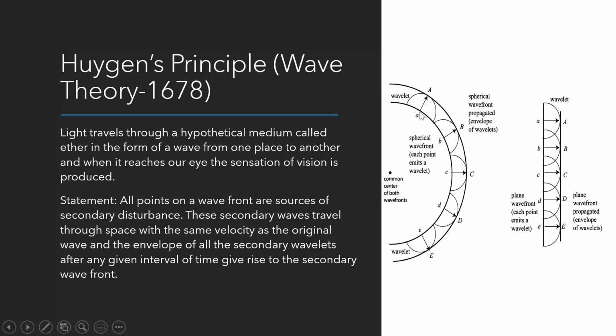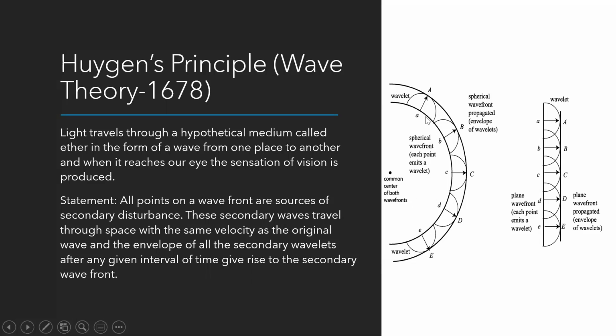So if A is a source of light, it will again give out radiation, and circular or spherical wavefronts will appear around it. Similarly, if B is a source of light, B will again emit a spherical wavefront. C will be emitting spherical wavefronts. Like that, D and E will emit spherical wavefronts.